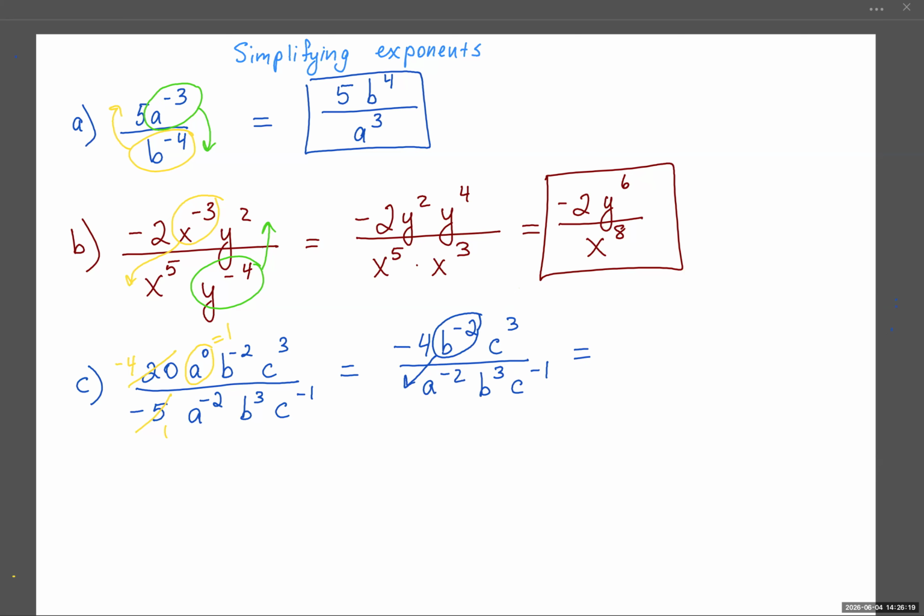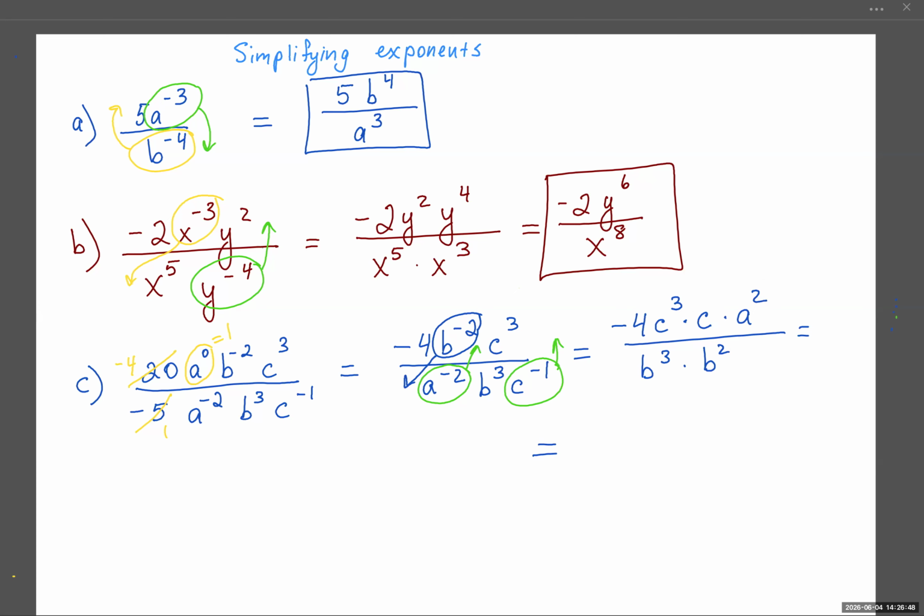Then a to the negative 2nd, that will go up. And then also c to the negative 1, that's also going to go up. So now we have negative 4 c cubed times c times a squared divided by, I already had b to the 3rd in the denominator, and b to the 2nd also went down to the denominator.